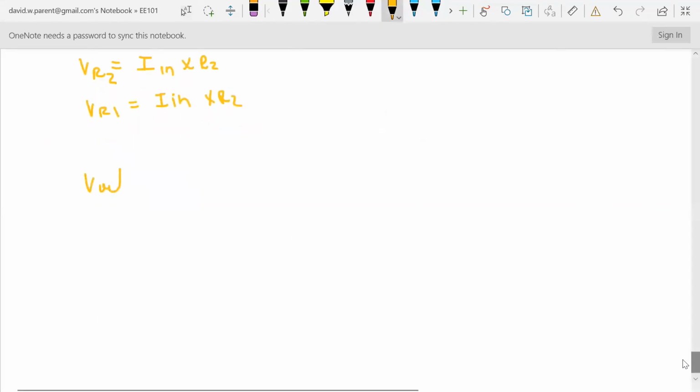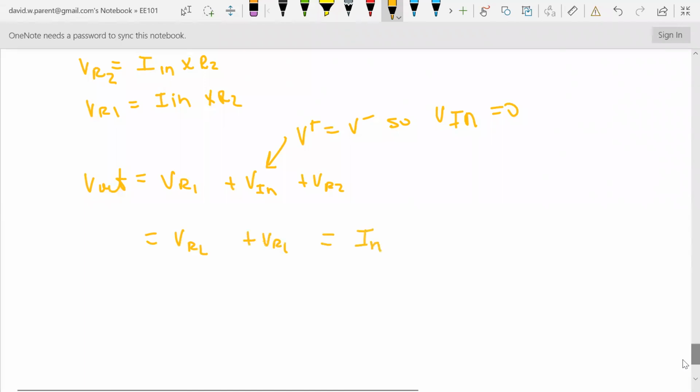So V out equals VR1 plus VIN plus VR2, but V plus equals V minus, so VIN equals 0. Oh, now V out equals VR2 plus VR1 equals IN times R1 plus R2.